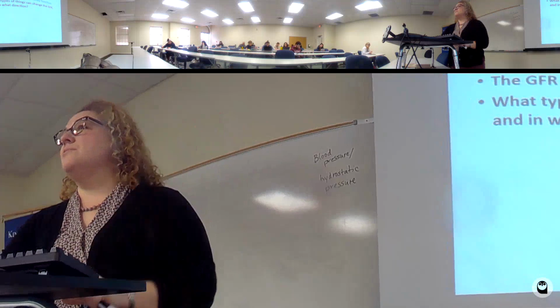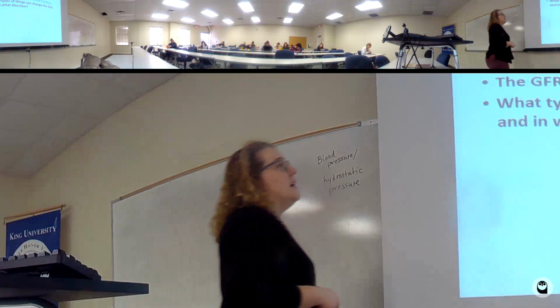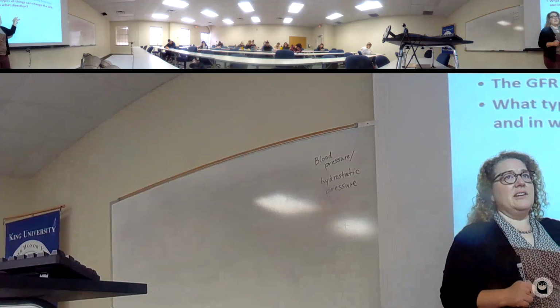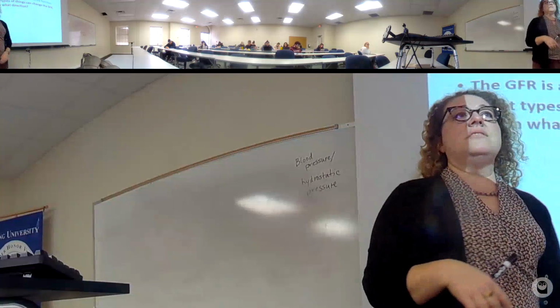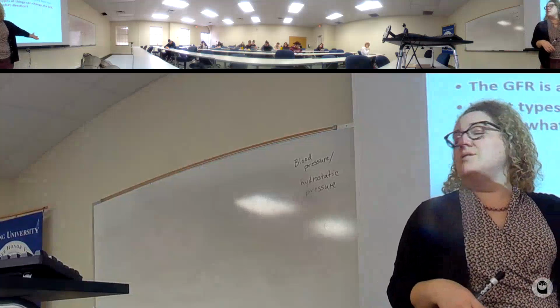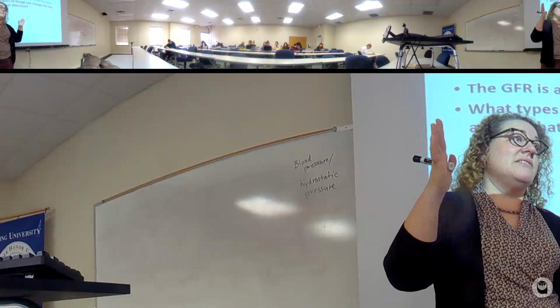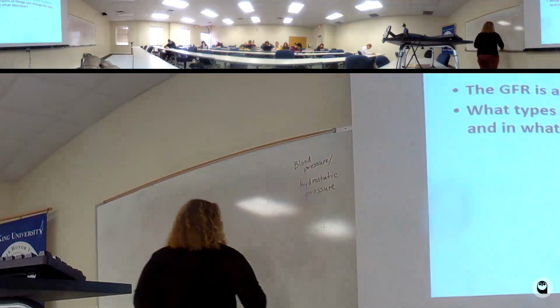How well are your kidneys filtering stuff? You have a value called GFR. One way we can measure GFR is to measure how much creatinine is in your blood versus how much creatinine got pushed out into the urine. And that can give us an idea of how well your kidneys are filtering today.